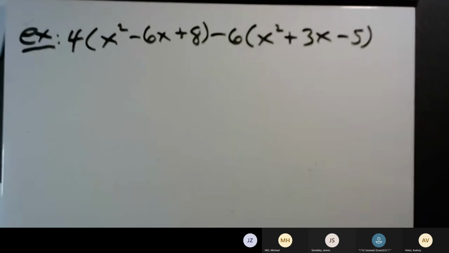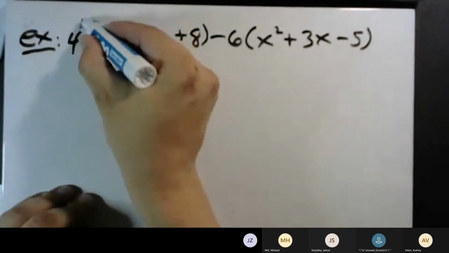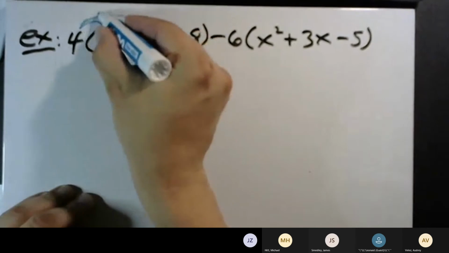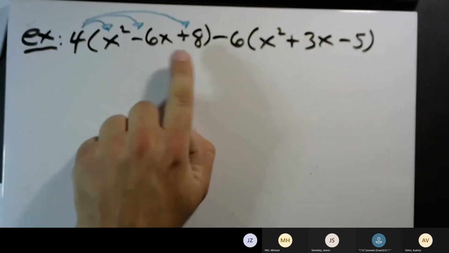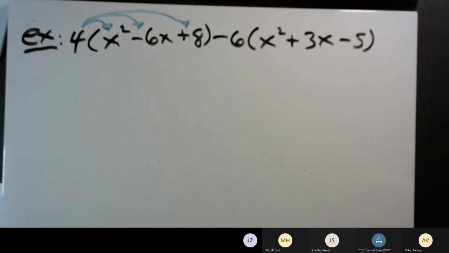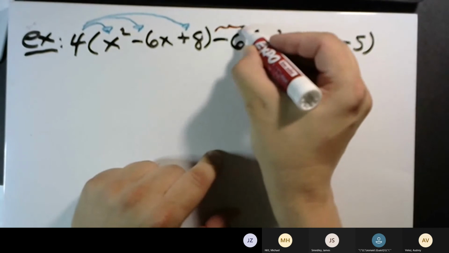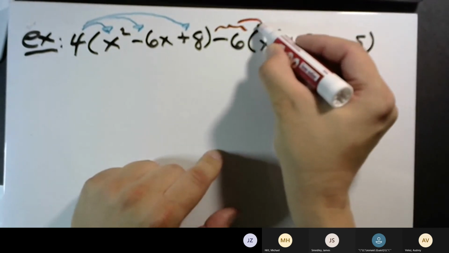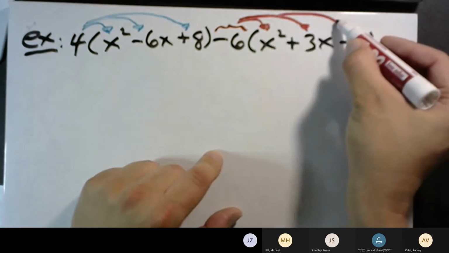We're going to distribute the 4. And it gets multiplied to each term inside this set of parentheses, but only this set. And then we're going to distribute the -6. So the 6 will take the minus sign with it.